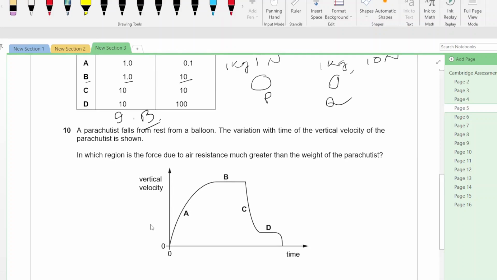Question 10. A parachutist falls from rest from a balloon. The variation with time of the vertical velocity of the parachutist is shown. In which region is the force due to air resistance much greater than the weight of the parachutist?